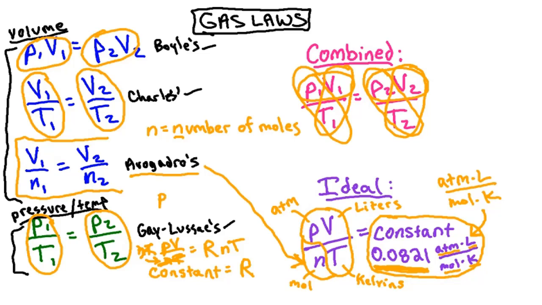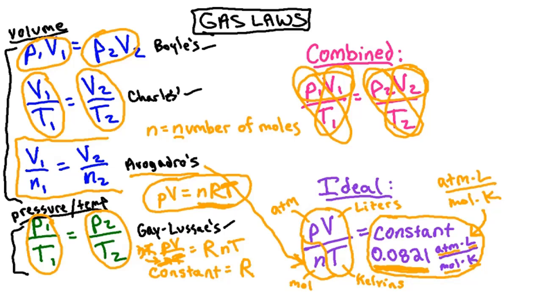Or as you will commonly see it, PV equals nRT. I don't know why people rearrange the n and the R because mathematically it doesn't matter. It doesn't change your answer. But people usually put it down PV equals nRT, I think just because nRT is alphabetical. But it's the same thing. It's PV divided by nT equals R.